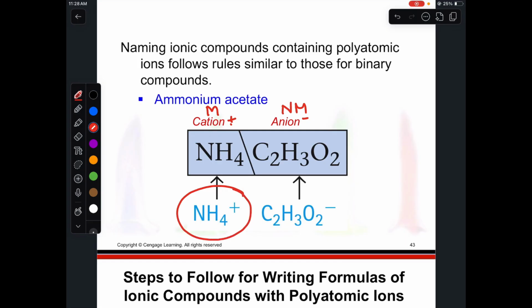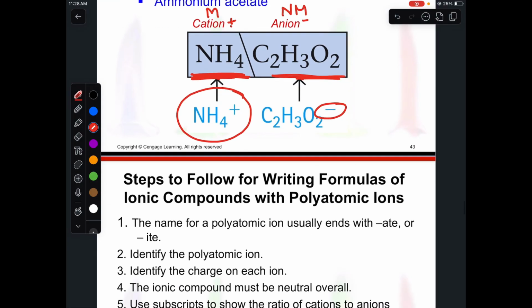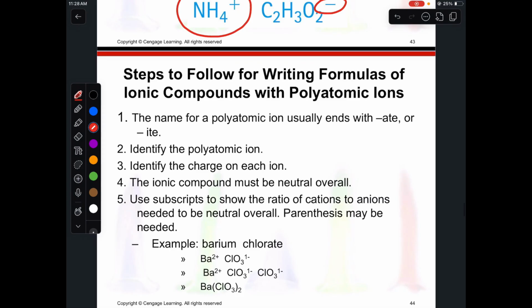That makes it a positive charge. That means it's a cation joining with something that is negative. So you're never going to have two negatives. You're never going to have two positives joining together. And we'd call this ammonium, because that's the name of it, and acetate, because that's the name of it on the polyatomic list. So we're doing no ending changes on this naming system. We're not changing the name ending.